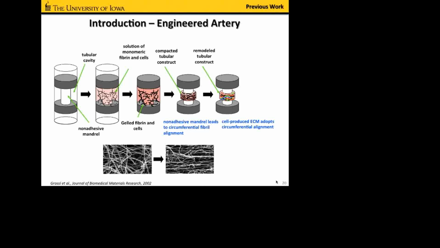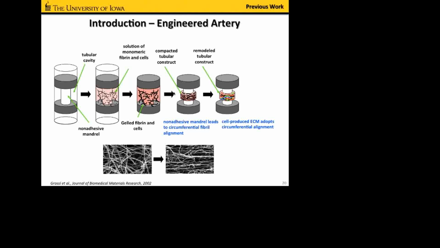A simple example of that is if you take this tubular cavity that has this non-adhesive mandrel or rod in the center, and you inject a solution of monomeric fibrinogen and cells like fibroblasts, then over a few hours to a day or two the cells start to compact down the gel, which slides along the mandrel. In the process, it generates this circumferential alignment. And so what then happens is this fibrin degrades, and the cell-produced matrix follows this initial alignment pattern.